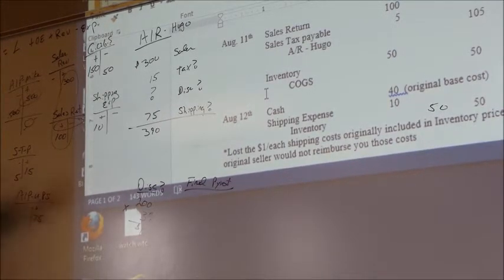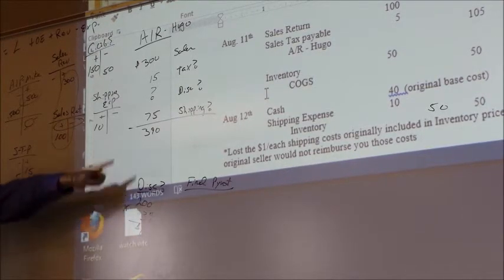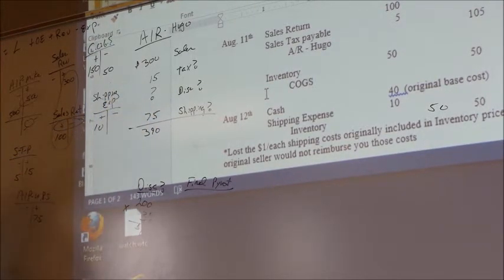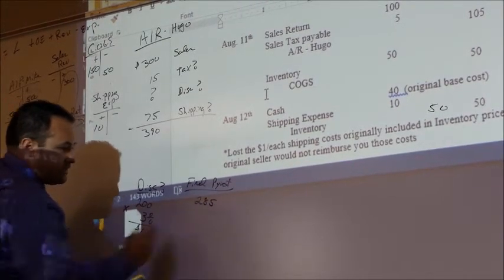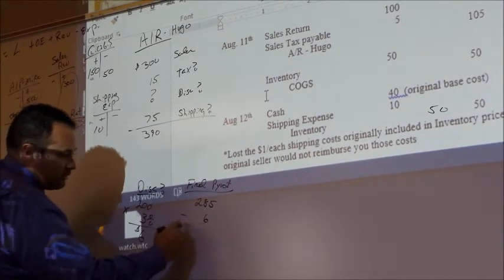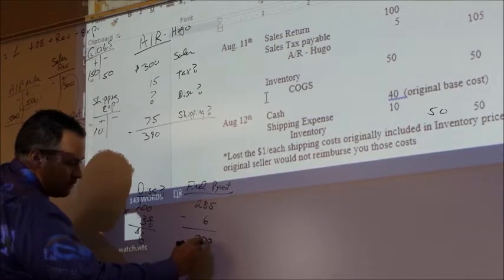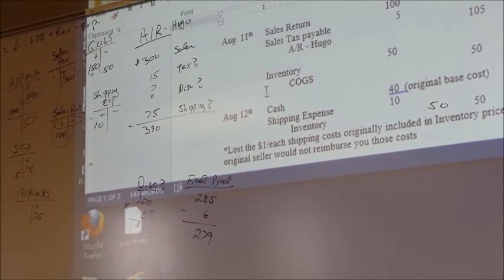That would be if she only owed me the sale price and that's it, but Hugo owes me other stuff. So I need to look to her account. Originally, she owed me 285, which included the sales tax and shipping. But she gets a little bit of a discount. Final payment being 279.